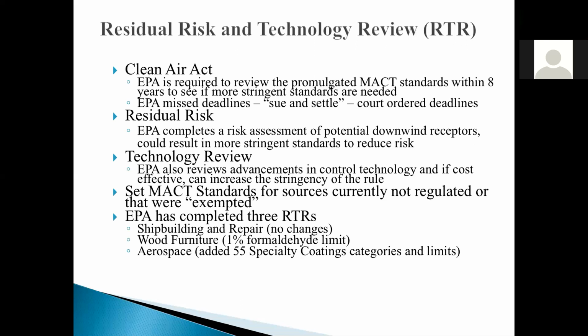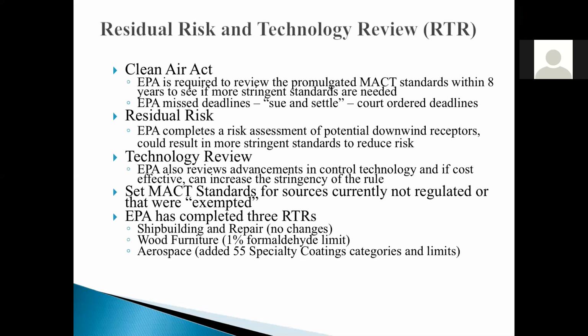The second stage is technology review, and EPA will look at whether there has been any new technology adopted by the industry, spray guns, new add-on controls, new types of coatings. And if EPA can cost justify new technology, that could be a second pathway to make standards more stringent. And then finally, they can set additional MACT standards for sources that aren't regulated or that were potentially exempted from the original rules.